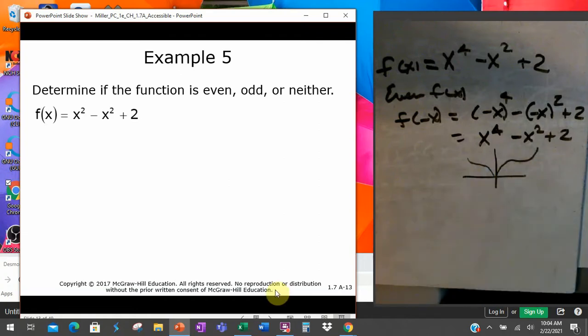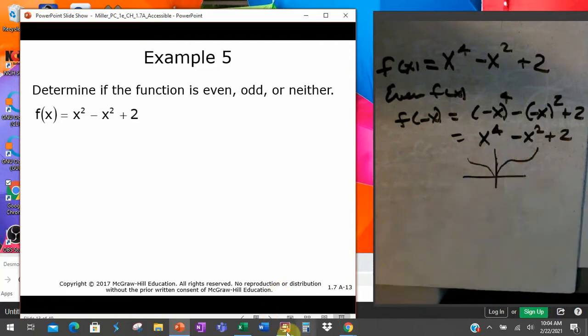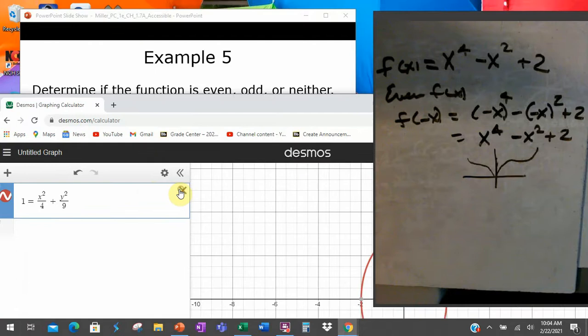This would be symmetric, so however this thing graphs, the very same thing is on the other side. I would say it's going to look something like this, plus 2. But let's look. Where's my Desmos?